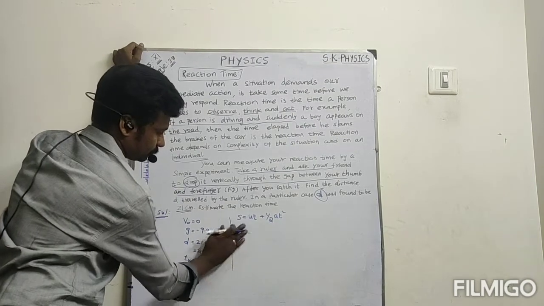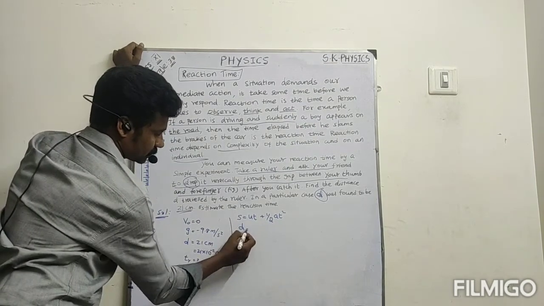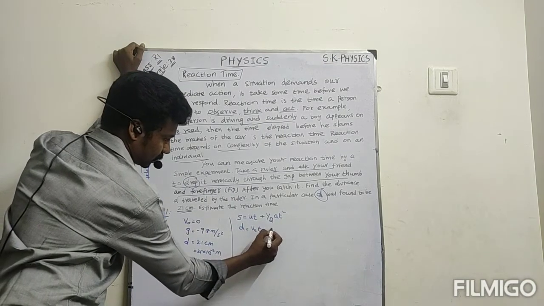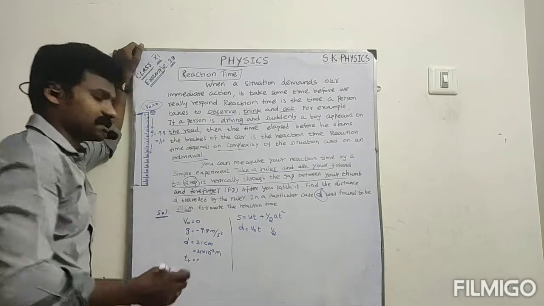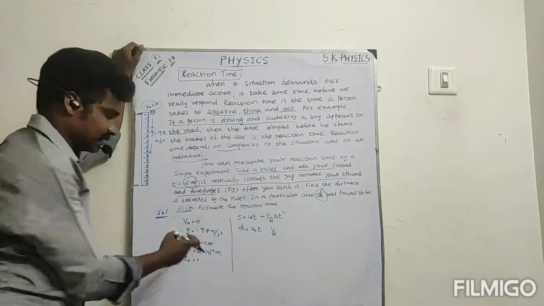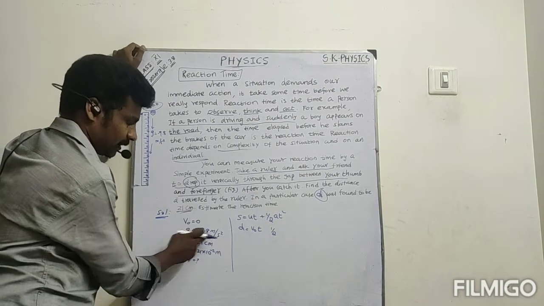D is equal to initial velocity v naught and time, then half into acceleration, which is equal to minus g because it is in the downward direction. So initially I will take g is equal to minus 9.8.